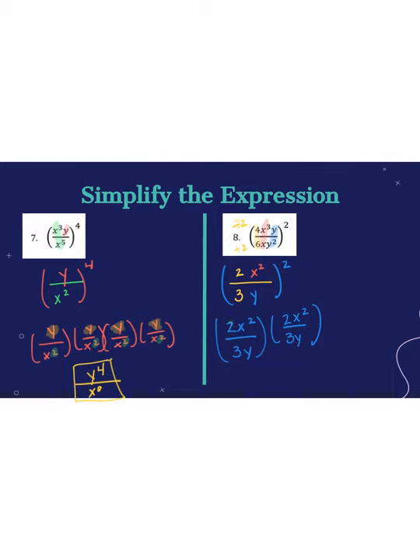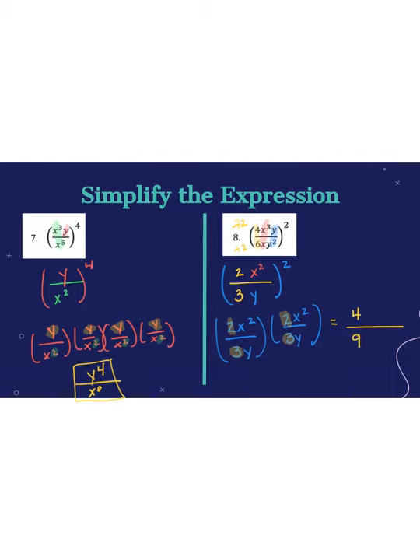I have a coefficient of 2 here and a coefficient of 2 here. So 2 times 2 is 4, and that's going to equal 4 on the top. Now I'm going to look at my coefficients on the bottom. I have 3 here and 3 here. 3 times 3 is 9, so my 9 goes on the bottom.